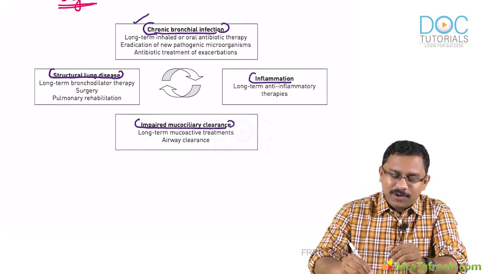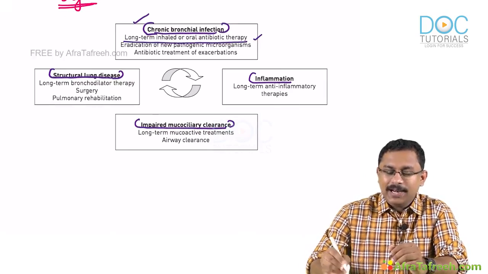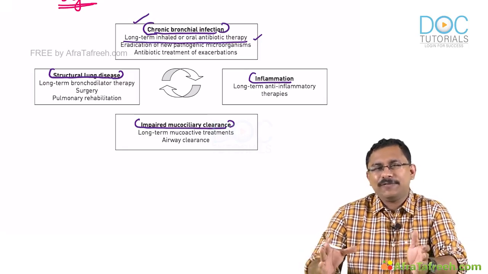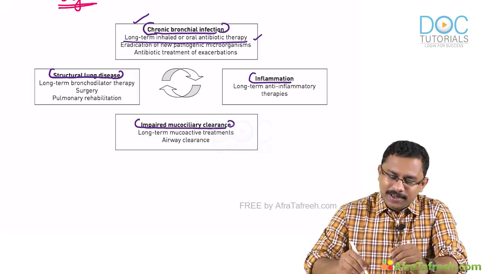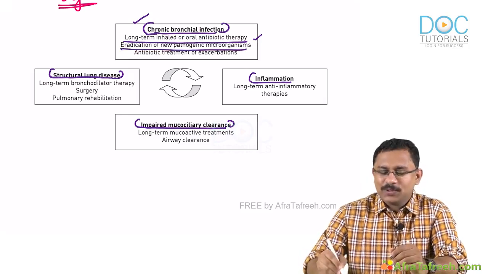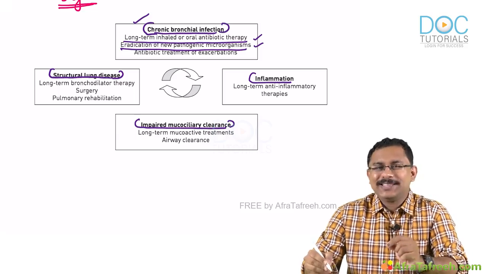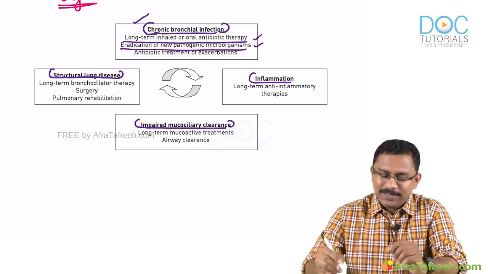When you want to deal with a chronic bronchial infection, you might require a long-term inhaled or oral antibiotic therapy. Naturally, because if an infection is long-lived, you have got to have a long-term therapy as well. And eradication of new pathogenic microorganisms. I'll tell you what that sentence means, because that sentence is very, very important. Eradication, I'll tell you what that means.